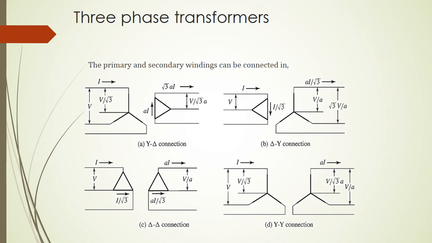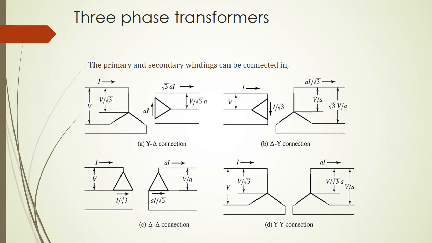The three-phase transformer is actually made from a single phase transformer for each winding, and you can arrange them in delta or star or Y connection. So we have four cases here. The first case is Y delta connection.